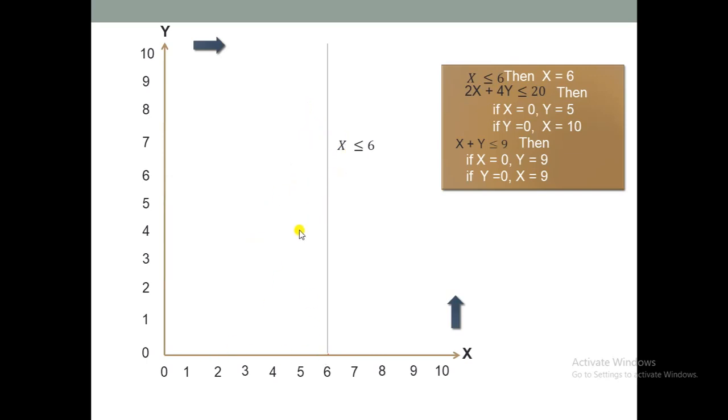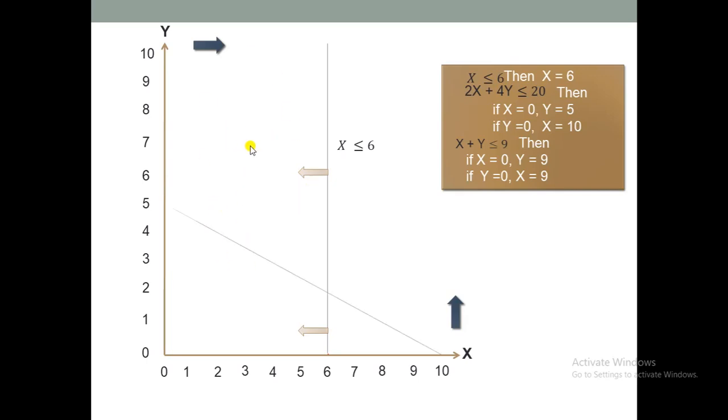Less than 6 means inside this particular line, because if I take any point in this region, it will reflect a value of x more than 6. So I need either a value on this line or just less than this. So the region will be this way. This arrow is showing that we are considering this region.